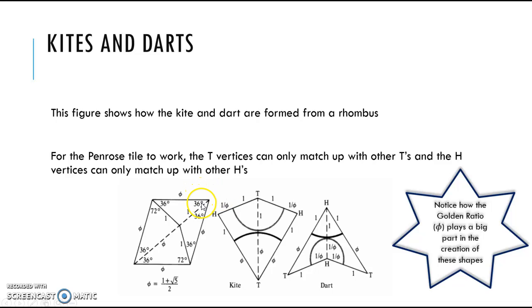Also, what's really neat is that when you go through this, 36 degrees is the smallest angle measure, and no matter how you organize them, as long as you organize them appropriately, every angle measure is going to be a multiple of 36 degrees. So that's pretty neat. But here you see the basic kite formation right here, and then the basic dart formation on top.